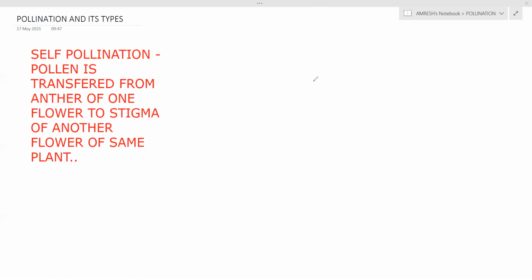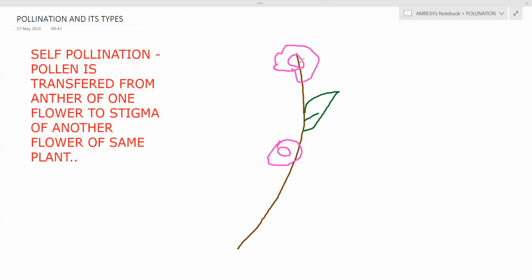It has leaves. Here I will draw two flowers, flower one and flower two. Here I will draw a stamen, and here you have your anthers.